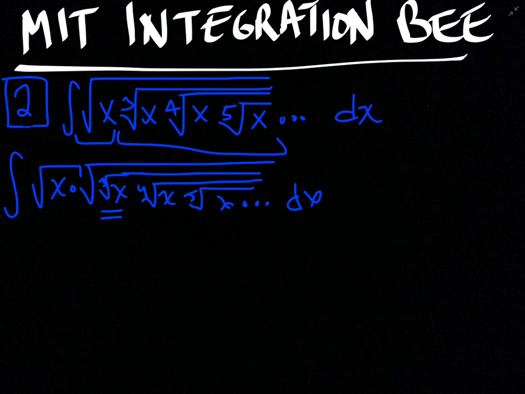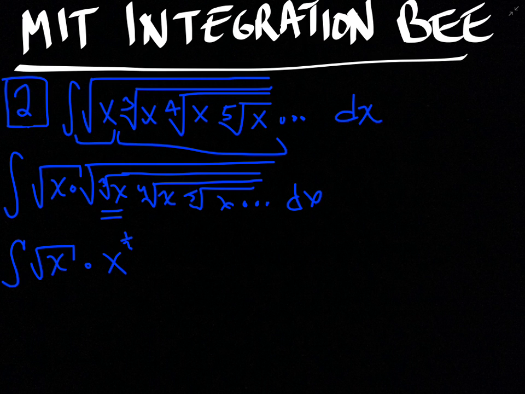We can say it's the integral of root x times the square root, and then we have the cube root, so it's x to the 1/2 times x to the 1/2 times 1/3. So we can also write it as the sixth root, but I'm going to keep it as x to the 1/2 times 1/3.